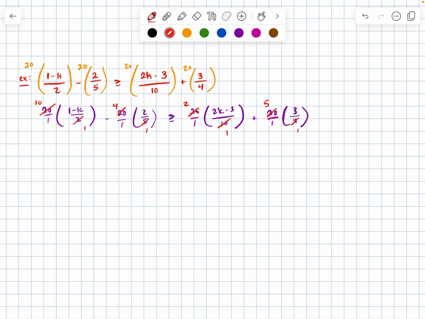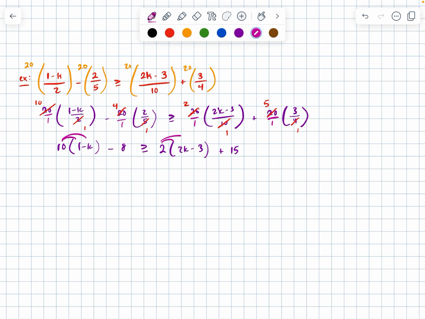Okay, and from here, all I've got to do is multiply. So now I have 10 times that 1 minus k, minus 4 times 2, which is 8, is greater than or equal to 2 times that 2k minus 3, plus 5 times 3 is 15.